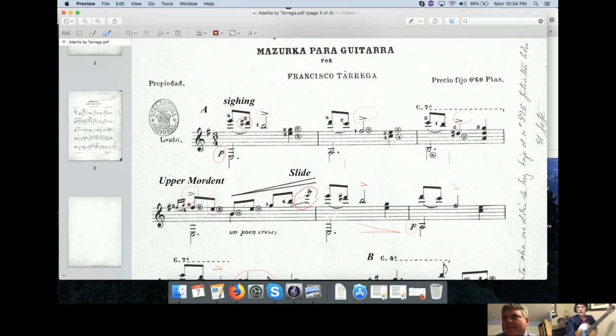And one really neat way to do that is not necessarily by pure volume, but by color, changing the color slightly, plucking a little closer to the fretboard for that one, and a little bit closer to the fretboard for that one. This one has an accent at the start, so I think you can already start to get a bit stronger. So you should wind up with something like that.